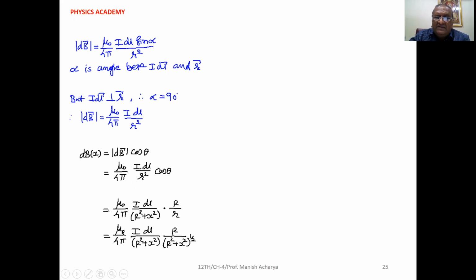So we can rewrite this as mu 0 upon 4 pi I dl upon R square plus x square as it is. R upon this small r is now replaced by R upon capital R square plus x square raised to 1 by 2.